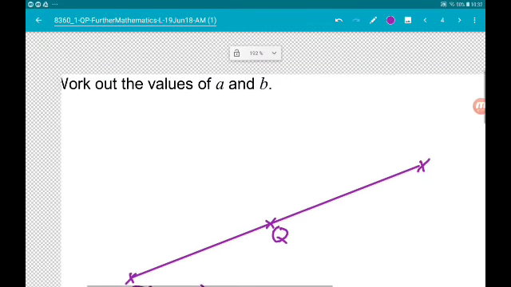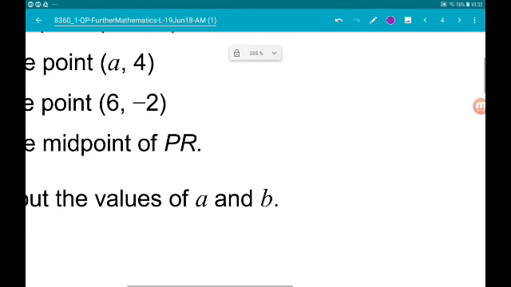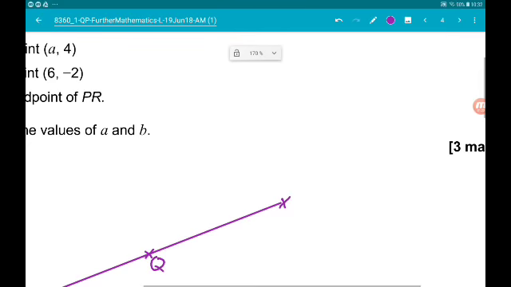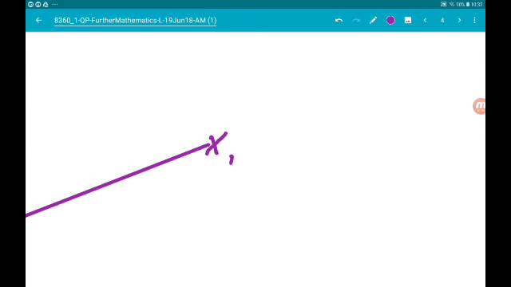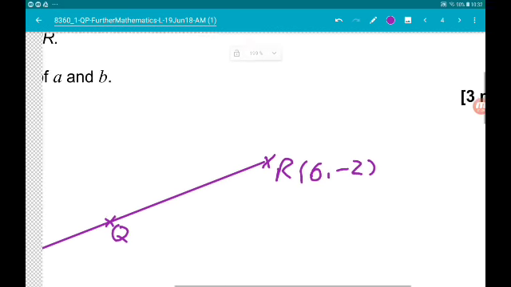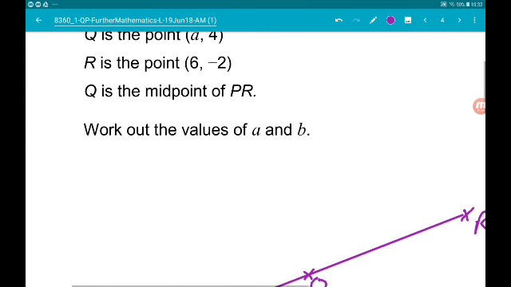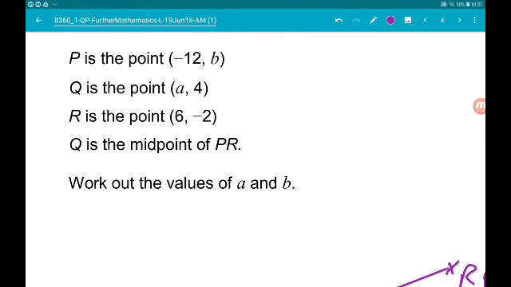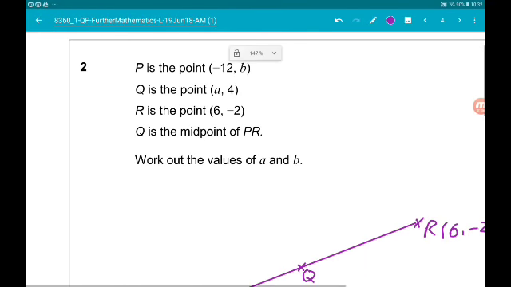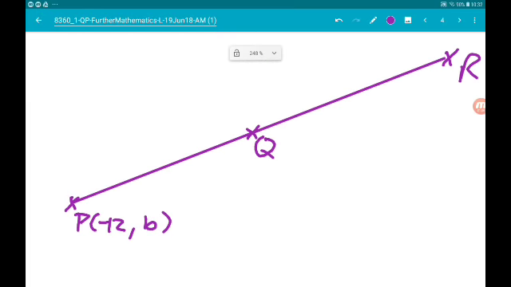Now the coordinates of R are (6, -2), and the coordinates of Q are (a, 4). Midpoint coordinates are the mean of the two endpoints of the line.